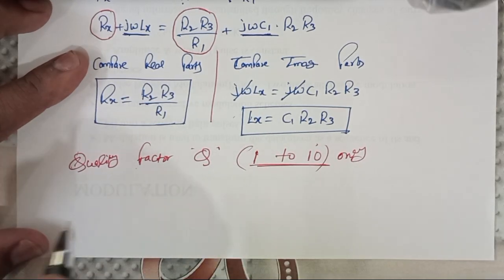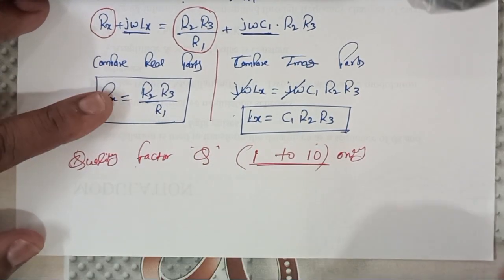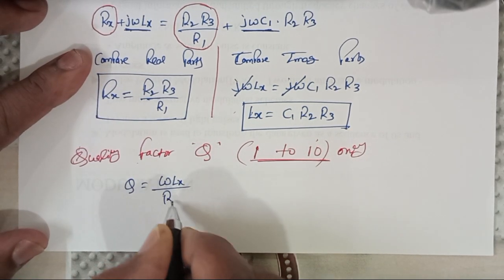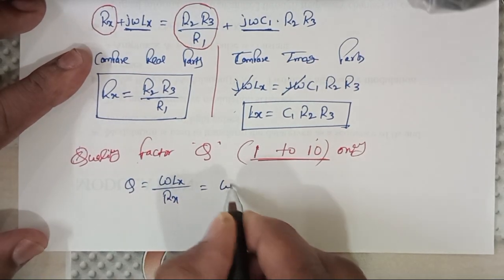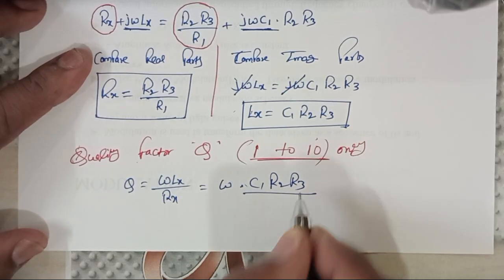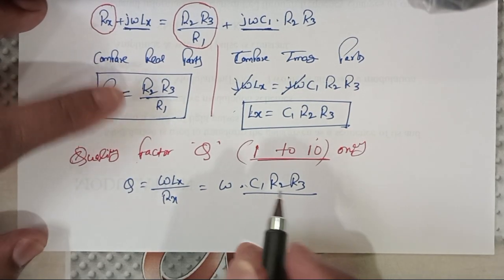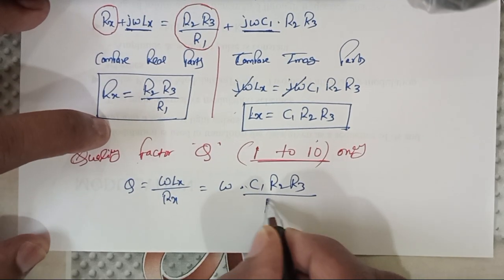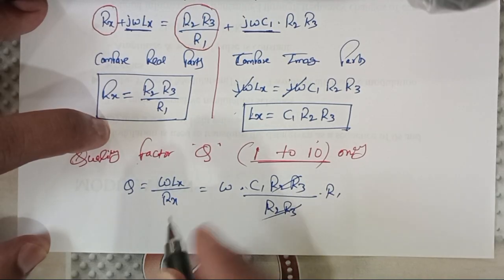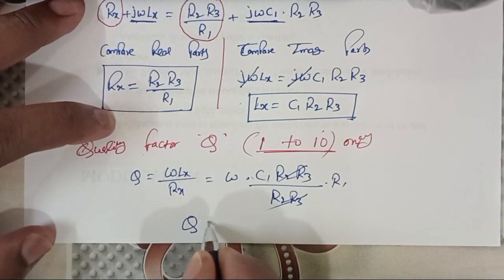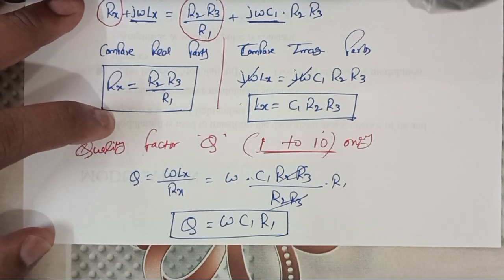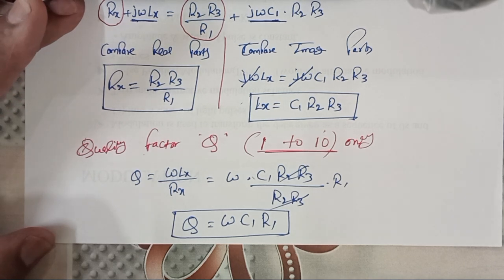The quality factor is Q equal to omega Lx by Rx, which is omega times C1 R2 R3 divided by R2 R3 by R1. This cancels, and Q equals omega C1 R1. It is the quality factor for Maxwell's bridge.